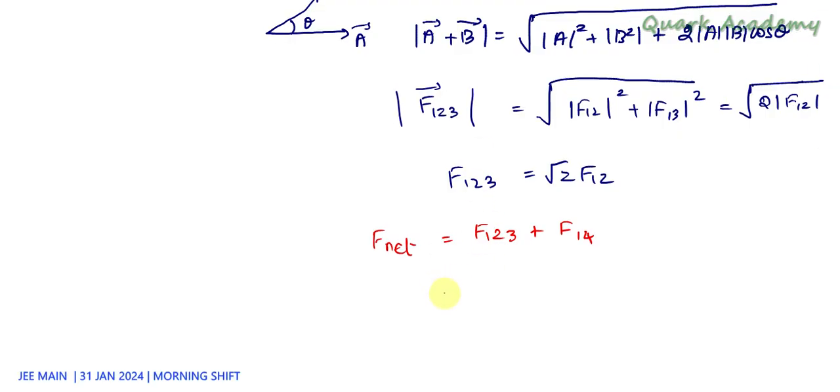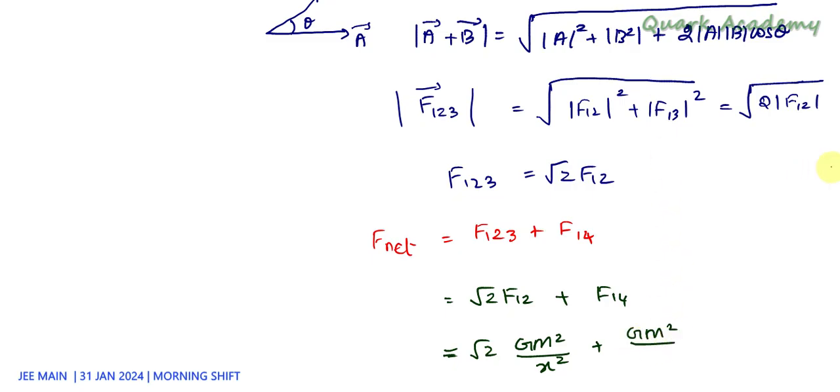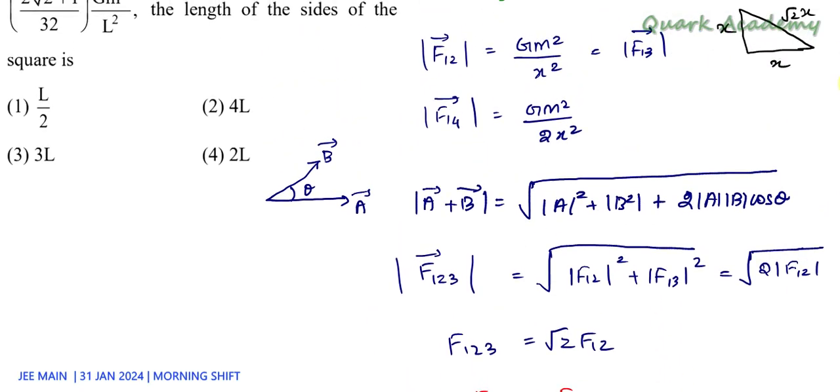I'll substitute here: root 2 F12 plus F14. Root 2 F12 is Gm squared by x squared, plus F14 is Gm squared by 2x squared.